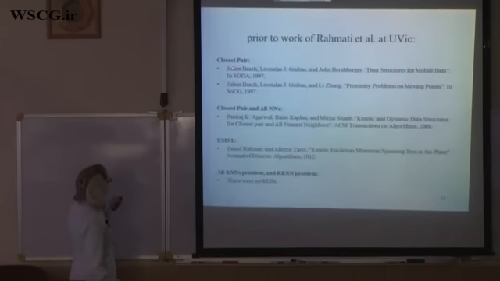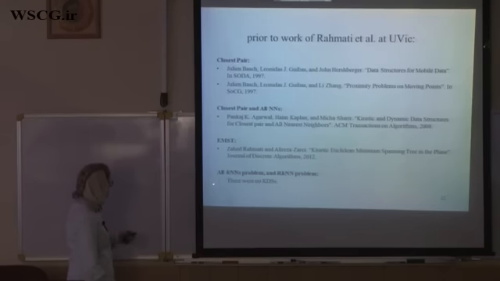Before Zahed came along, there was this kind of information about closest pairs. There had been some work by Gibas and Hirschberger and a student in the late 90s about maintaining closest pair information. And closest pair in all nearest neighbors was looked at by these famous people. This is the Euclidean minimum spanning tree, and this was part of Zahed's master's thesis with Ali Reza Zarai, kinetic Euclidean minimum spanning tree in the plane.